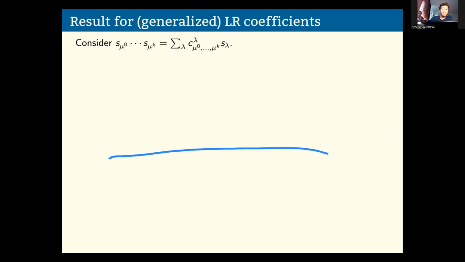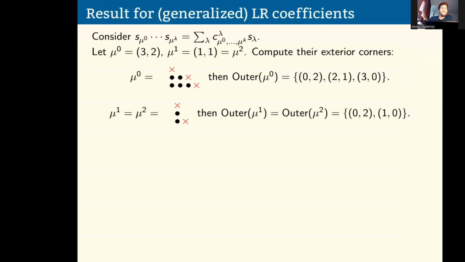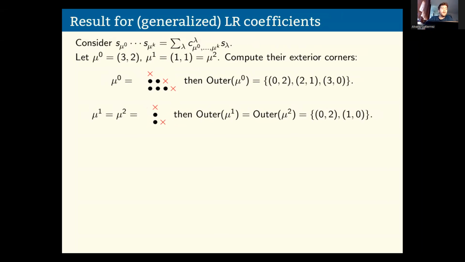And now, whoops, let me follow an example. Let's take mu equals to this, mu0 equals to this, mu1 equals to this, and mu2 equals to mu1. And we now compute their exterior corners. So this means, for instance, this first one, mu0, is this shape.